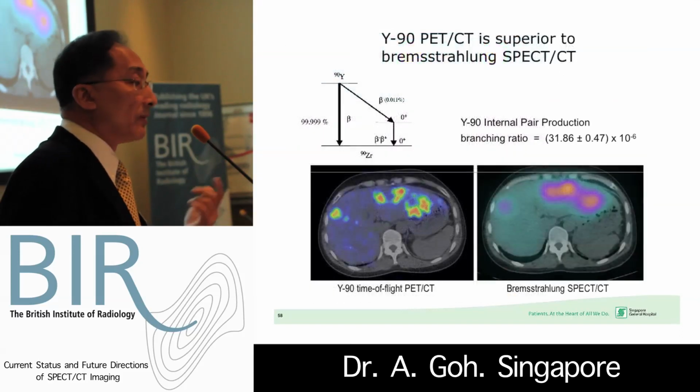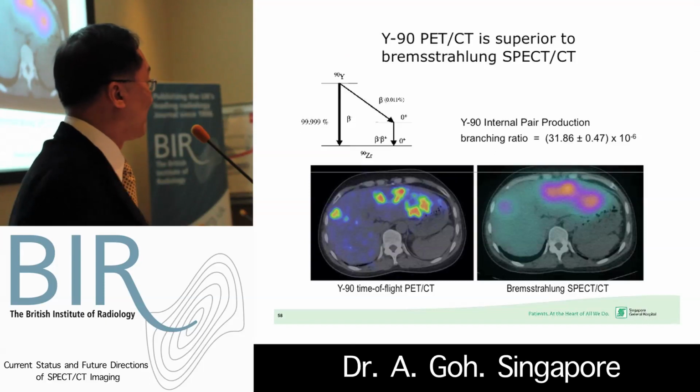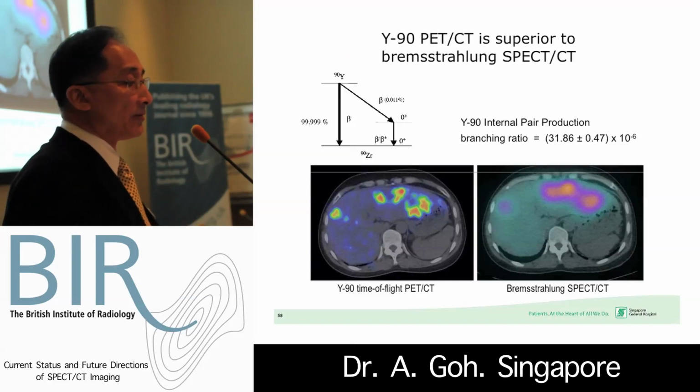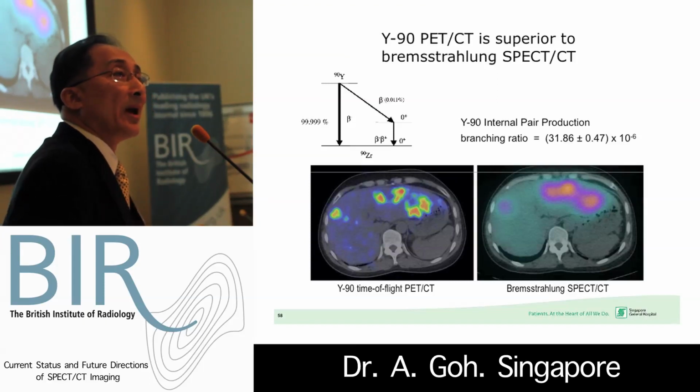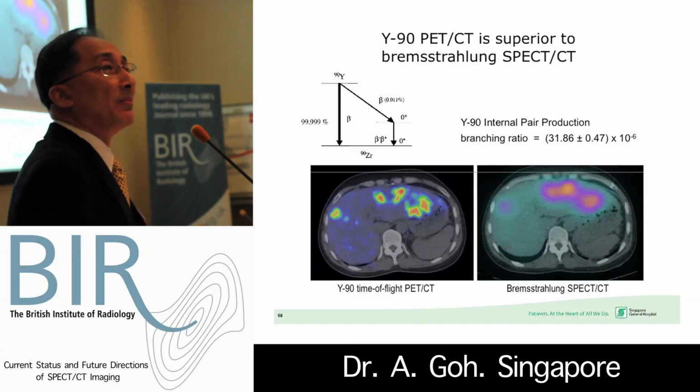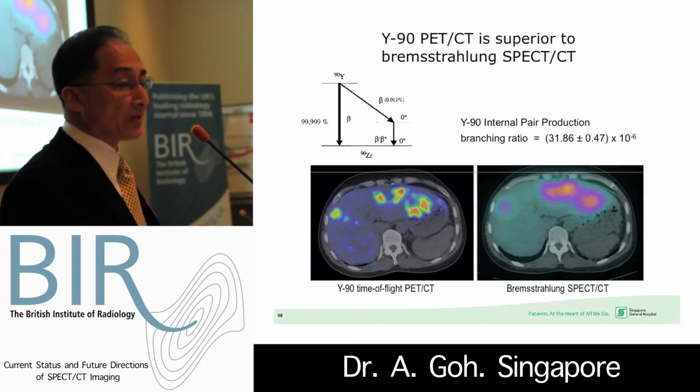But I think we all now know that Y-90 PET is possible as well, and that is because although we always thought it was a pure beta emitter, there are actually 32 pairs per million disintegrations, and capturing the photon pairs using a PET scanner, we can get much better quality Y-90 PET.